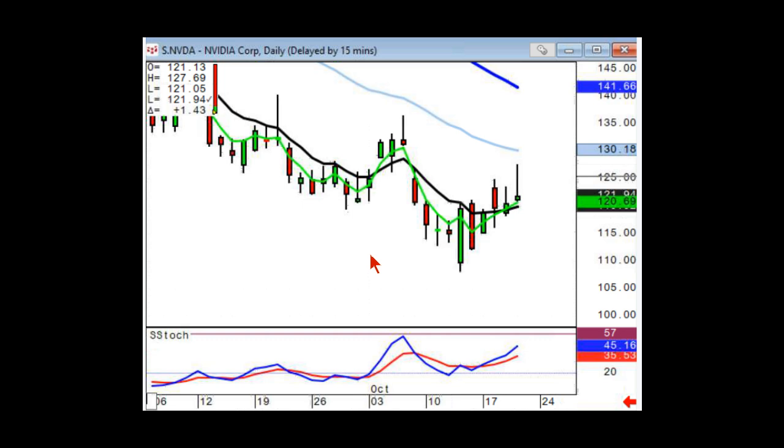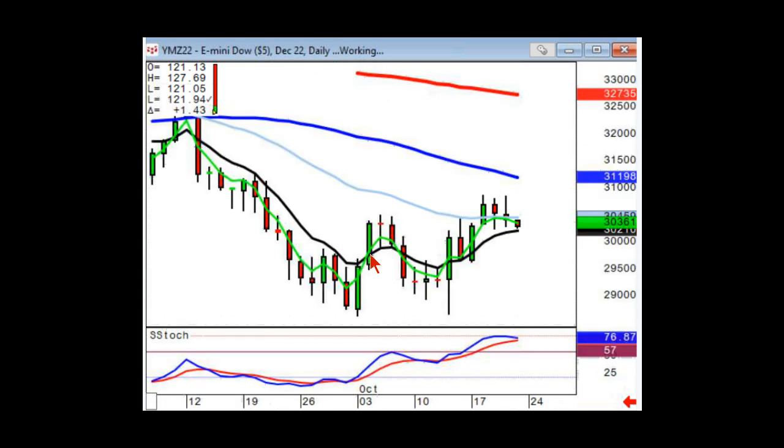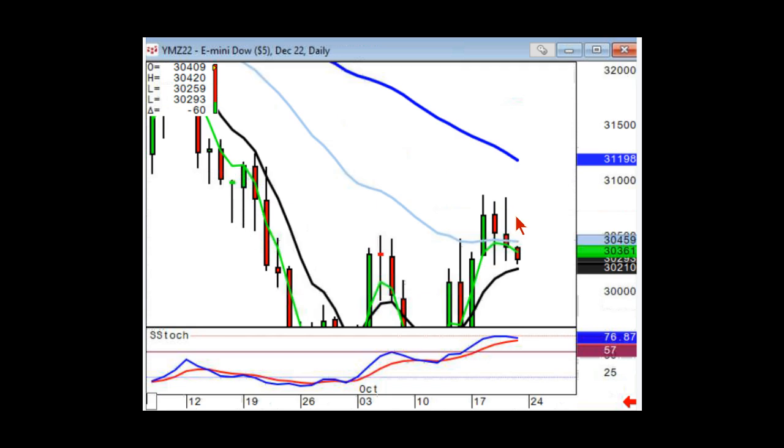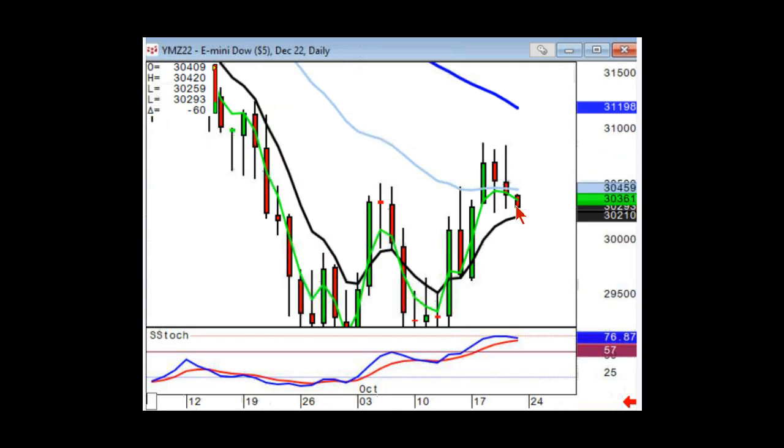Now, one of the indicators is the YMs, which are the Dow futures, and tonight it's at least showing that it's trading lower. But remember what I say about the futures.